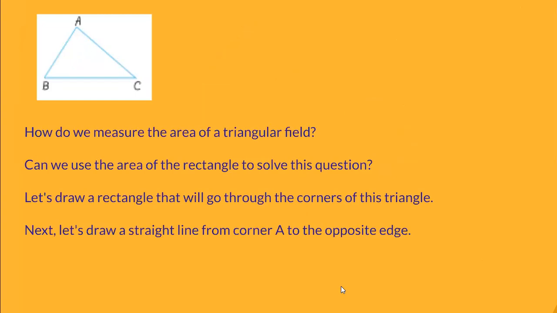Because you know the area of the rectangle. Let's draw a rectangle that will go through the corners of this triangle. Next, after drawing the rectangle, let's draw a straight line from corner A to the opposite edge.